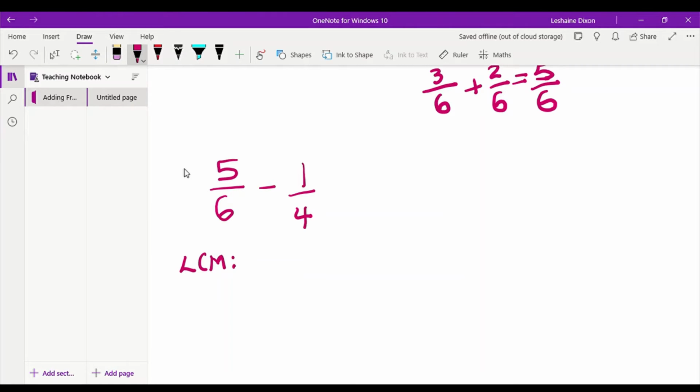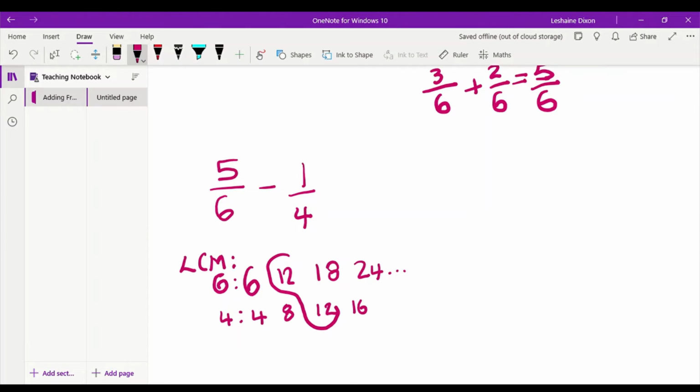So the multiples of 6 would be 6, 12, 18, 24, and so on. The multiples of 4 would be 4, 8, 12, 16. So immediately we see that the lowest common multiple here is 12.